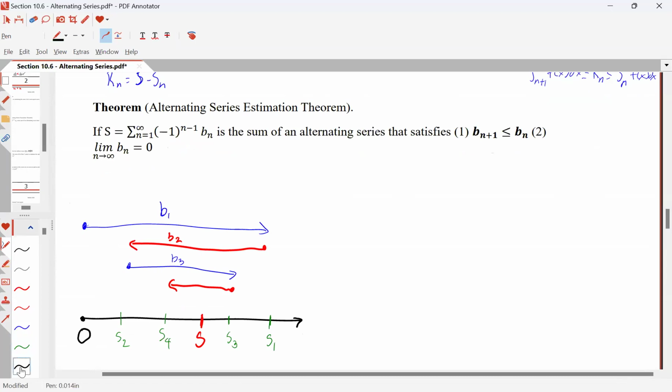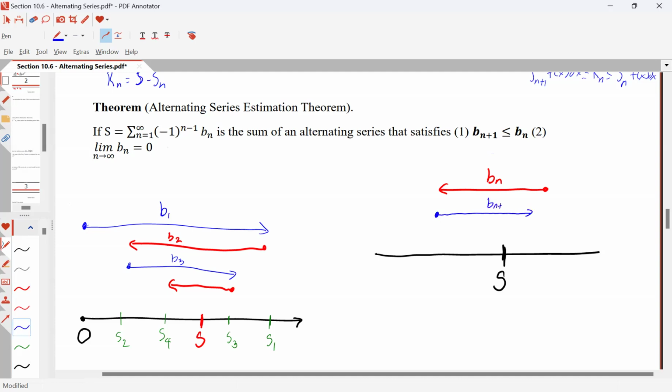So let's take this picture and zoom it in and say, I have my sum here. And at some point, I have taken my nth term of the sequence and subtracted it. And then I've taken my n plus 1 term and added it.